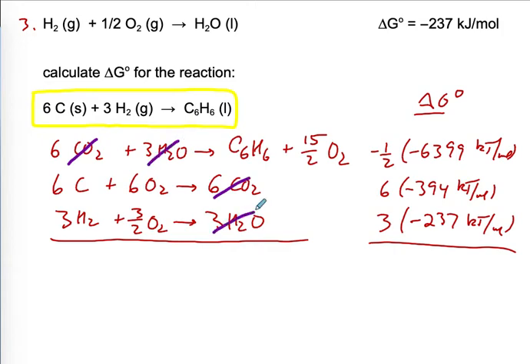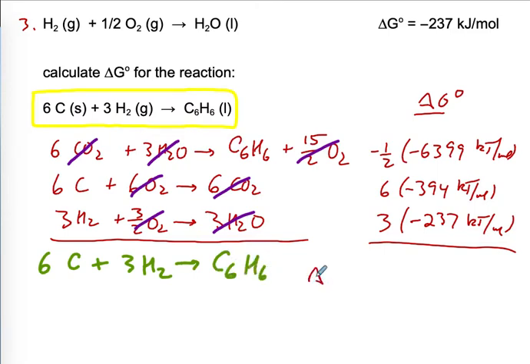I've got 6 plus 1.5, which is 15 halves moles of O2 on the reactant side, and that cancels 15 halves moles of O2 on the product side, and that gives me as my overall equation 6 carbon plus 3 hydrogen react to form C6H6, my goal equation, for which delta G naught is equal to plus 125 kilojoules per mole.